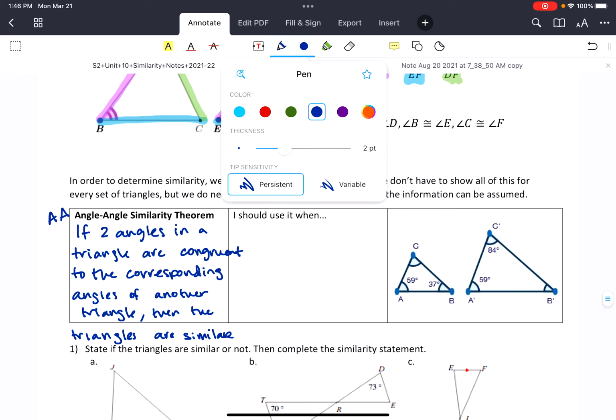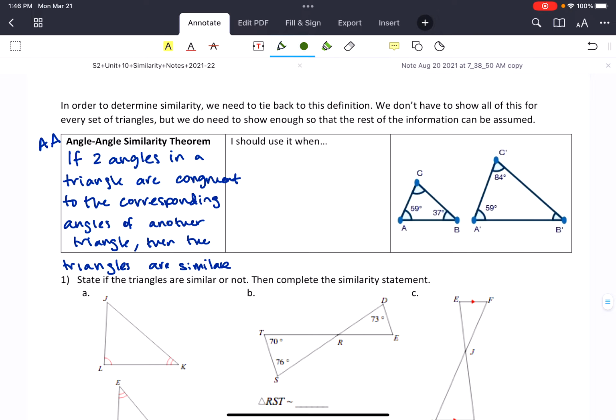We're going to use this theorem when we are given two angles in the triangles. Two angles in both, not just two between the two, but I need to have two angles in both triangles.